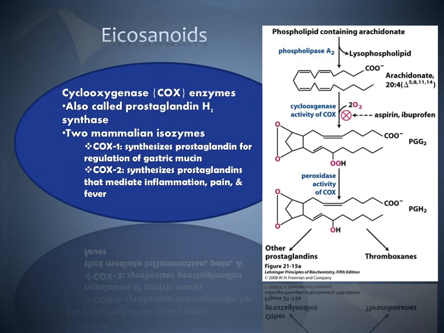And so what happens here is that these COX enzymes at this point do a couple of different things. They're only showing in this instance one particular one, but in reality there are small differences between the COX enzymes. So COX-1 would go on to make the prostaglandins that are important for your stomach, for instance, whereas the COX-2 isoform goes on to make the prostaglandins that are important for inflammation, pain, and fever.